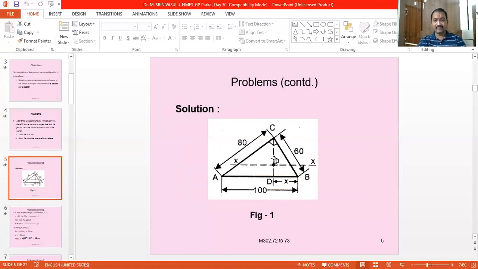So if we take the Pythagoras theorem, we will get one equation for the triangle ACD and another equation for the triangle BCD. Then we equate the side CD in both cases. Then we can find the values of H and X, and accordingly the centroid and then the moment of inertia.